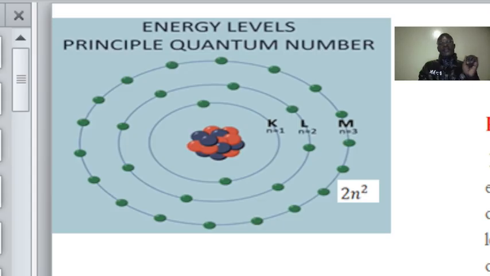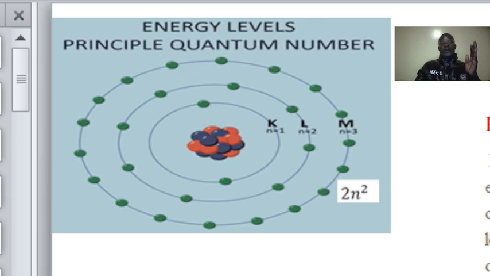The energy levels extend outward from the nucleus, and those shells accommodate different numbers of electrons, depending on which quantum number the energy level is.